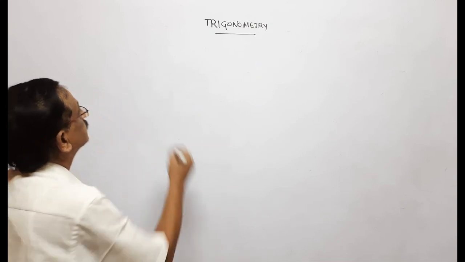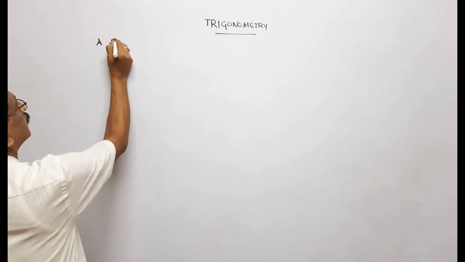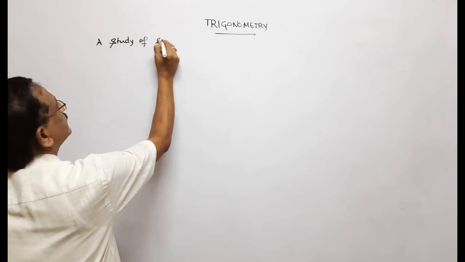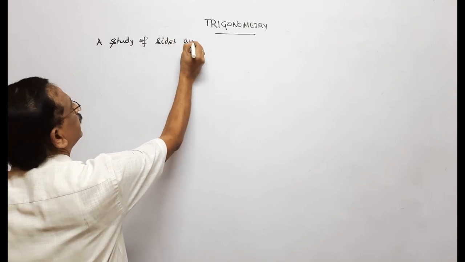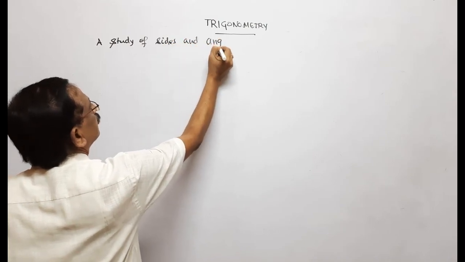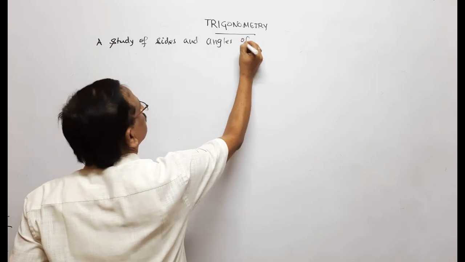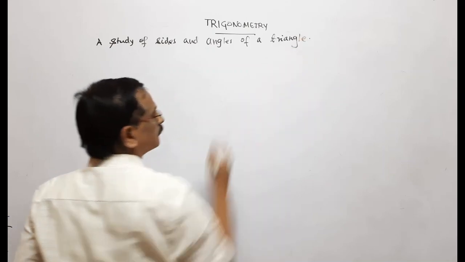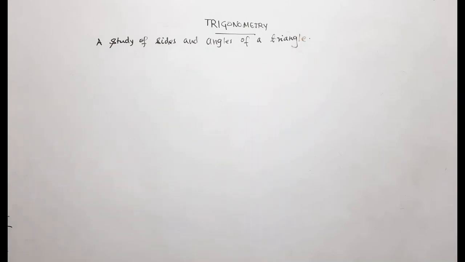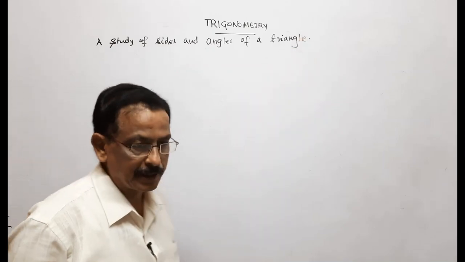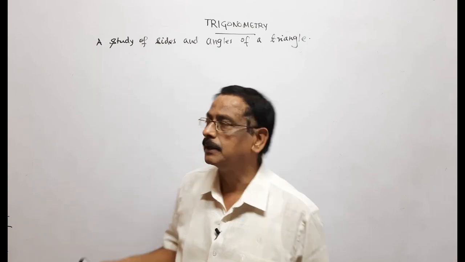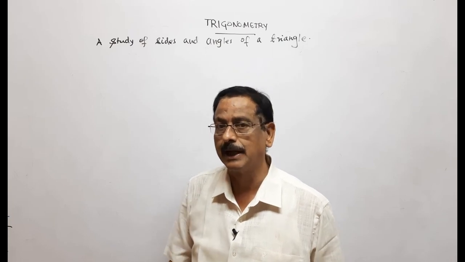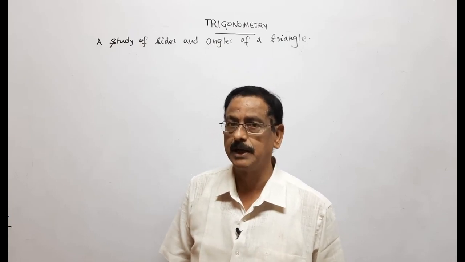Trigonometry is a study of sides and angles of a triangle. Basically, it is the study of sides and angles, because a triangle contains only these two, sides and angles.